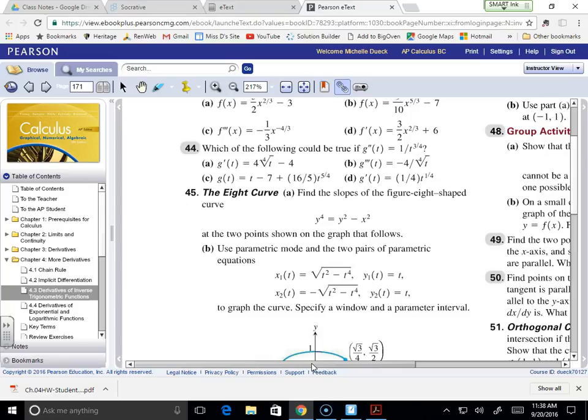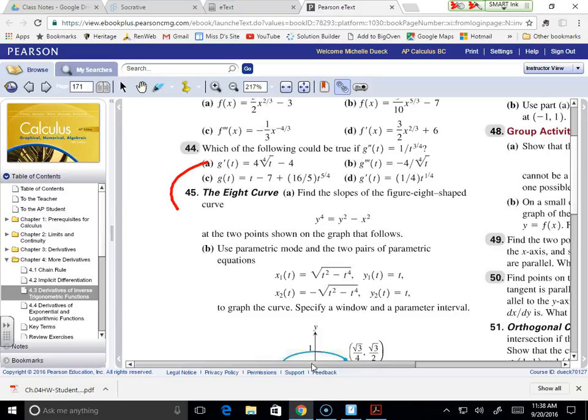On 44, you just do what you need to do: for letter A, take the first derivative, for letter C, take 2 derivatives, for letter D, take the first derivative, and letter B already is double prime. Well, this is double prime, but it says which could be true. So we can test and experiment.